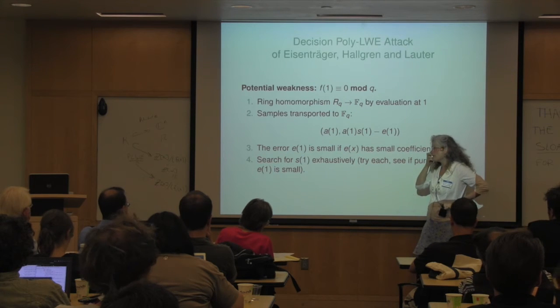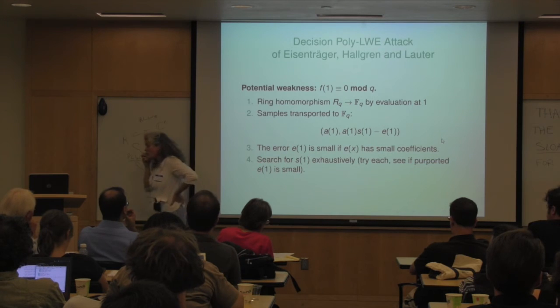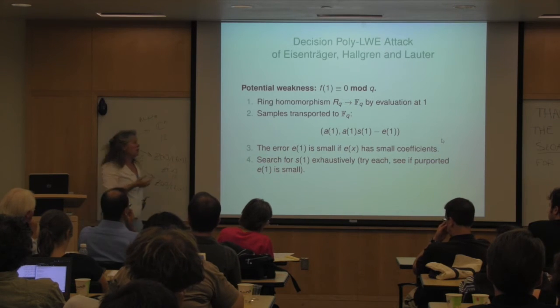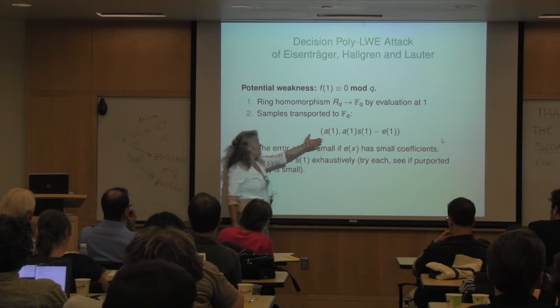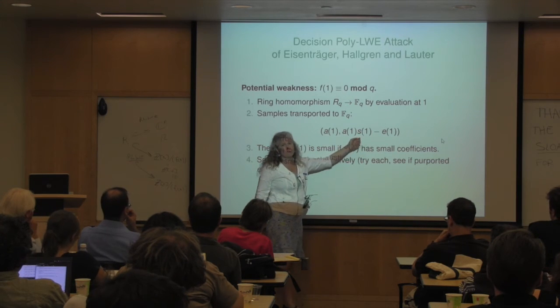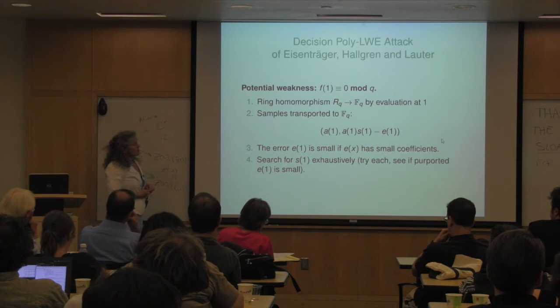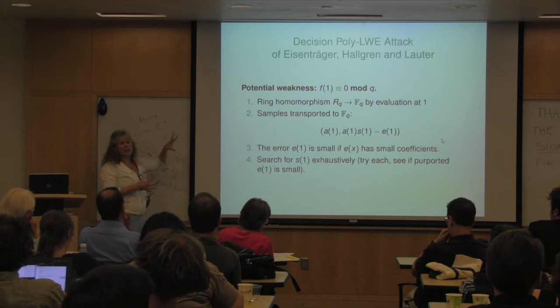So that's the algorithm. It helps you decide whether these are RLWE or random samples, but it also helps you find s of 1, so you get one piece of information about the secret this way as well. Now this is a very naive, kind of trivial attack.